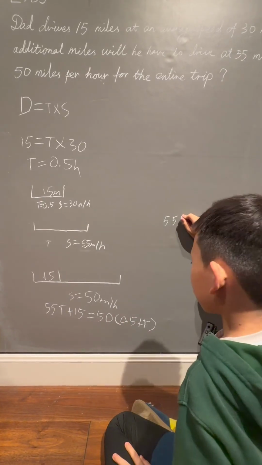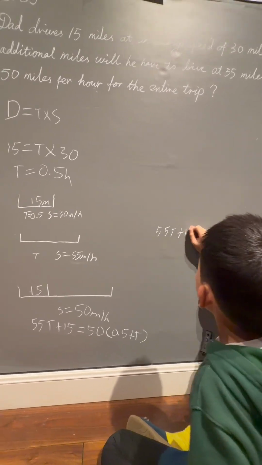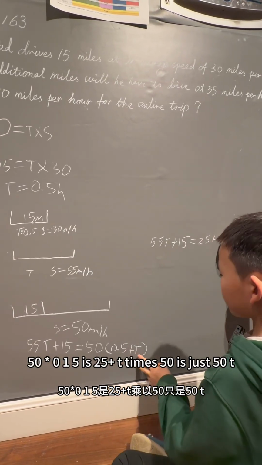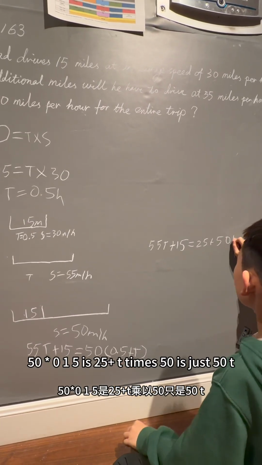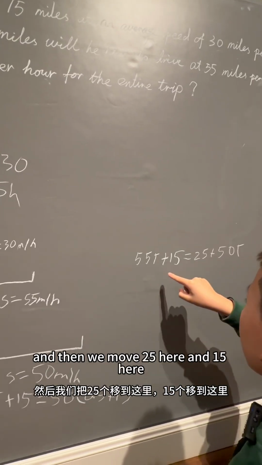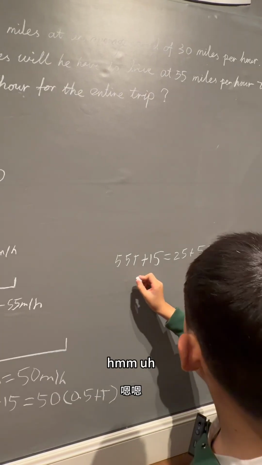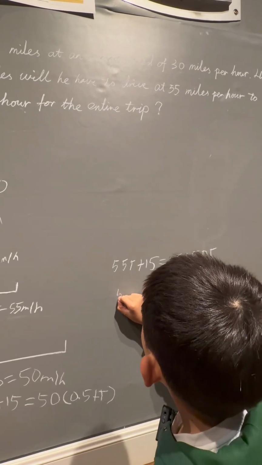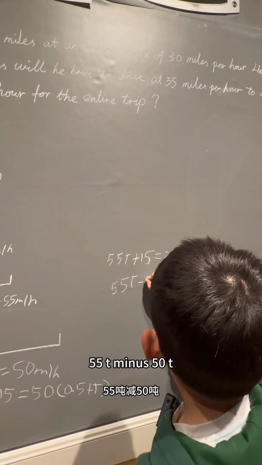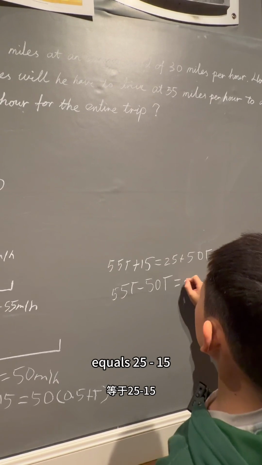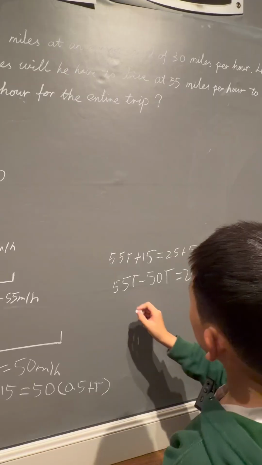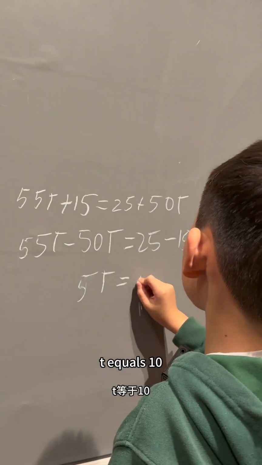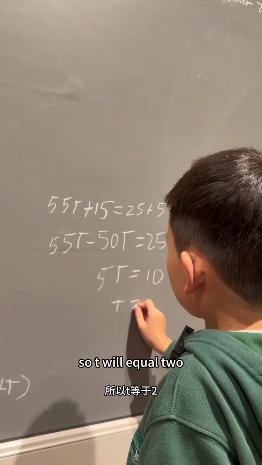First, let's solve this. 50 times 0.5 is 25, plus t times 50 is just 50t, and then we move 25 here and 15 here, and 50t here. 55t minus 50t equals 25 minus 15. So 5t equals 10. So t will equal 2.